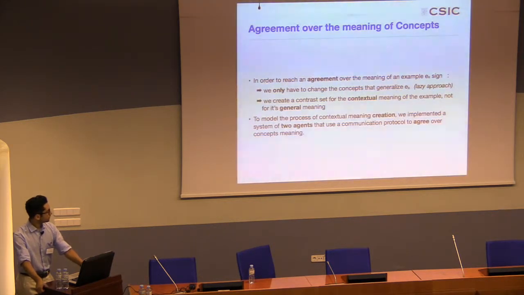And the second thing is that we want to build contrast sets in order to change only the contextual meaning of things. We will not change the general meaning of a chair, only the meaning of a chair when we are talking with the other agent or speaker.